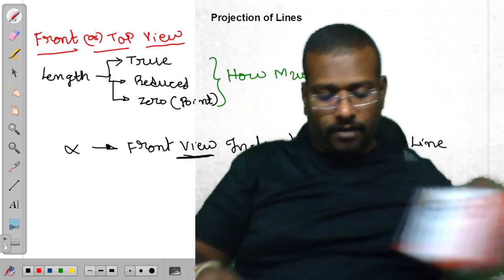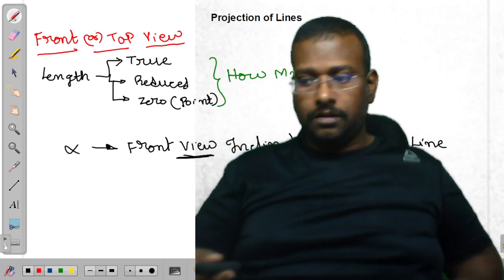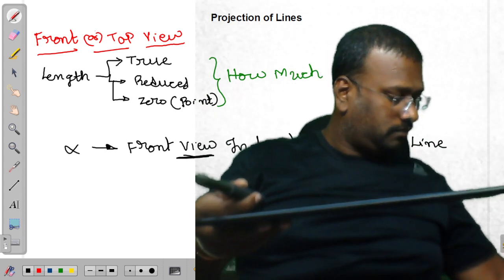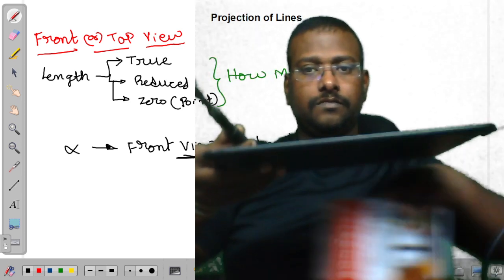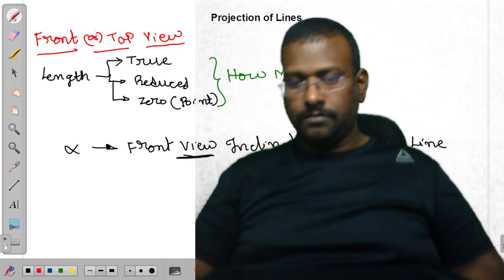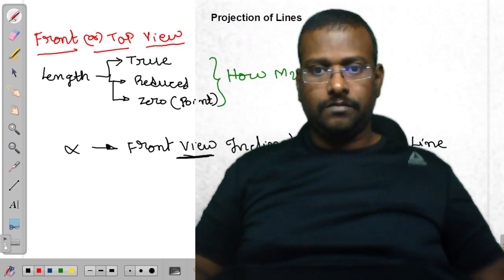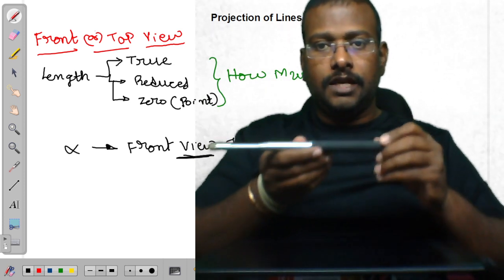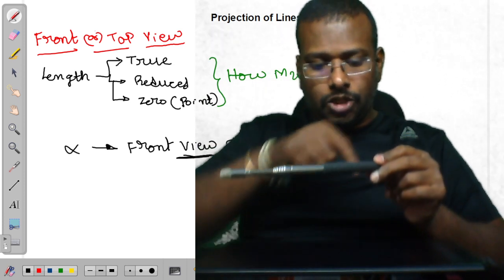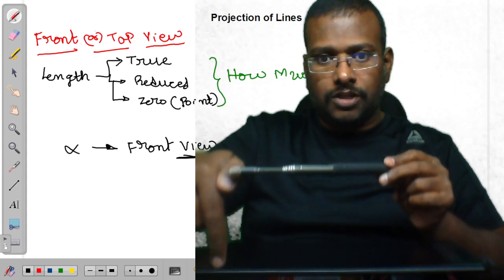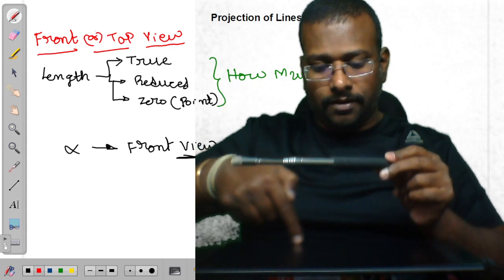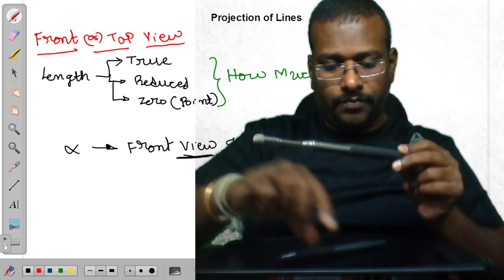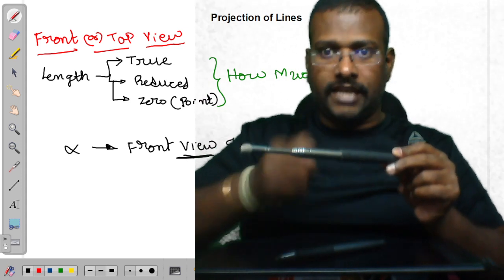Just I will show it here, my dear friends. Now you observe, this is inclined to VP. This shadow will fall here, so if you draw a line here, this is the top view, inclined to the XY line.